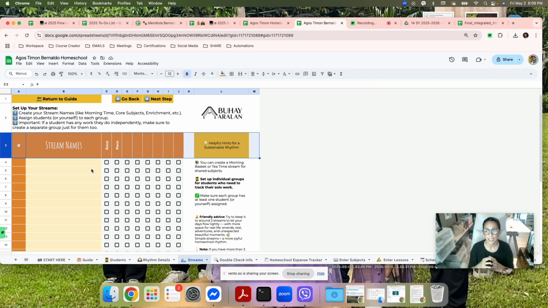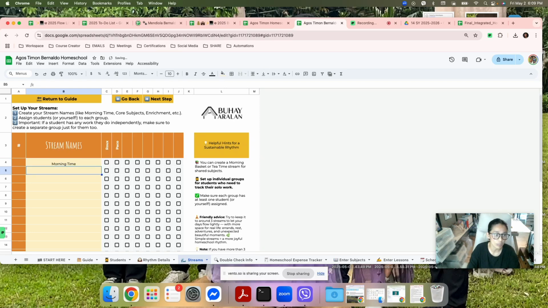In traditional schools or in a Charlotte Mason homeschool, this would probably be like your morning time. So usually this is where you chunk: you play a hymn, you go through the national anthem. This is where you put your values, lessons, whatever religion you have, and also your music, your picture study, and then you have your core subjects.